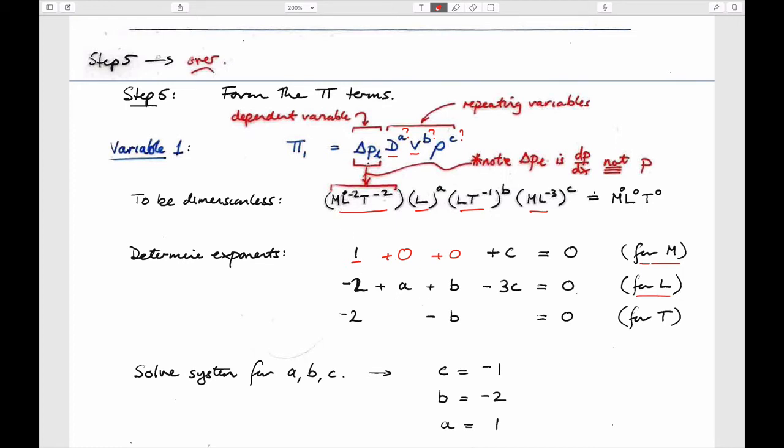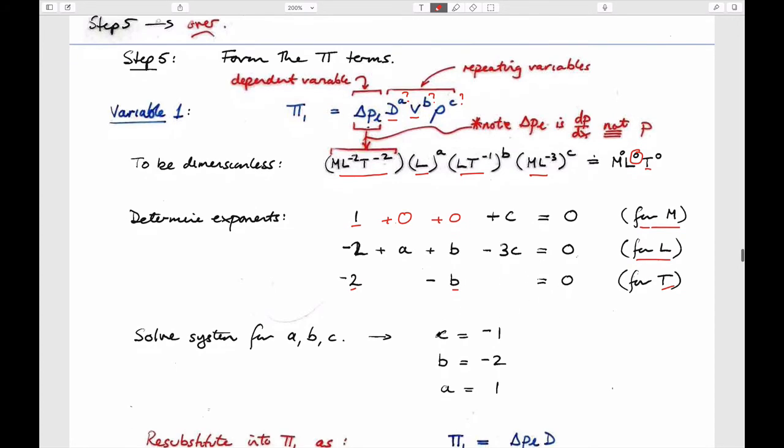We take length to the power -2. We have length to the power A. We have length to the power B. And we have length to the power -3C. And that again is equal to 0. And then finally for time, we have time to the -2. We have no time. We have time to the -1 times B, which is this, and equals 0.